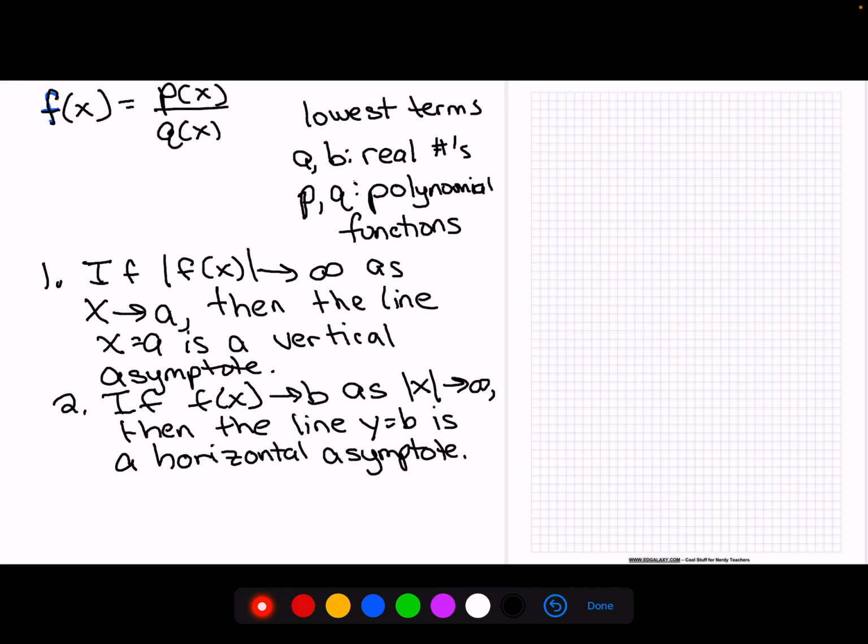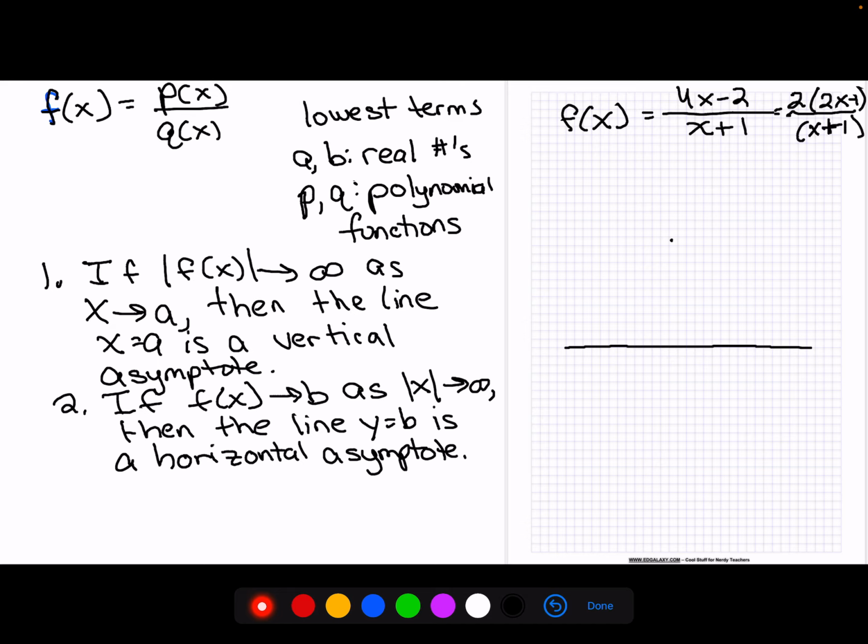All right, let's look at the situation where we have f of x equals 4x minus 2 over x plus 1. For this situation, we could go ahead and do a little factoring just to make sure it's in lowest terms, which it is, because 2x minus 1 and x plus 1 are two different factors.